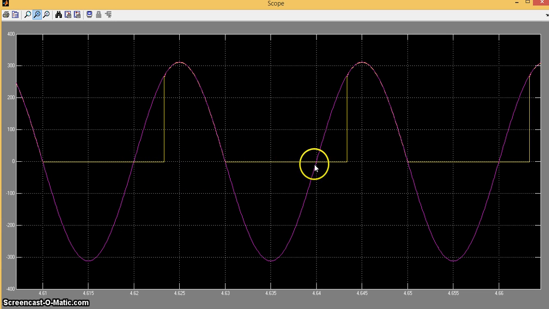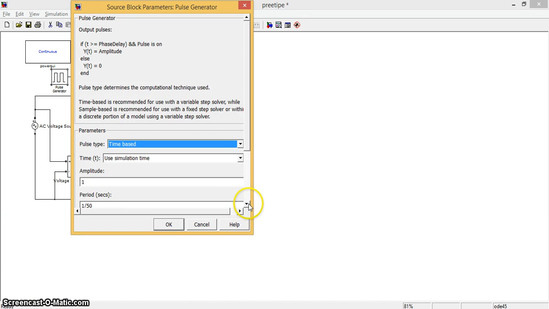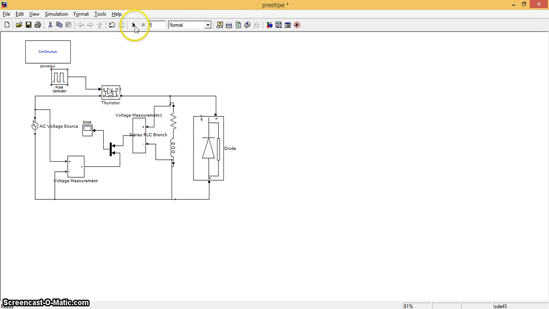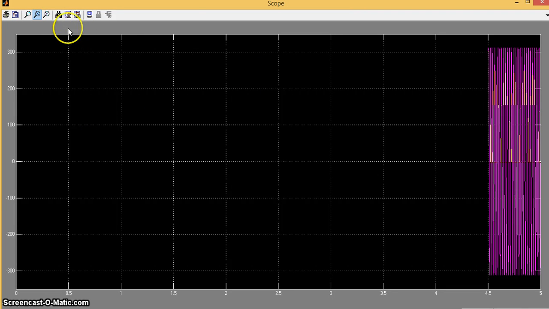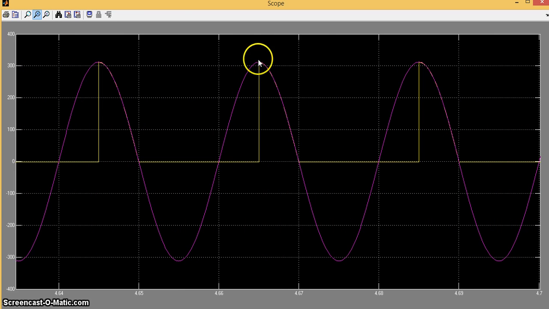The full half cycle is 180 degrees and this is turning on at 60 degrees. Again, let us change this to 90 degrees. Here you can see the SCR is firing at 90 degrees.